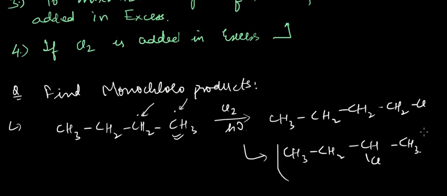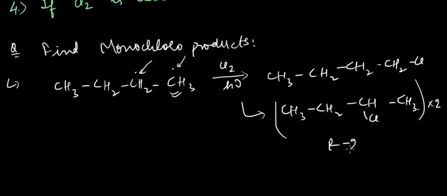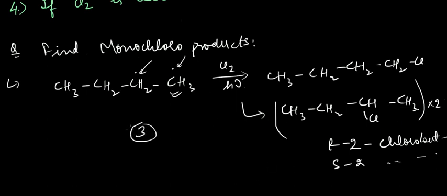So obviously it will have two products. Why? Because it would form enantiomers. So we'll have R and S 2-chlorobutane, similarly like this. So total 3 products are formed in this case. So one product here and 2 here, one is an enantiomer.